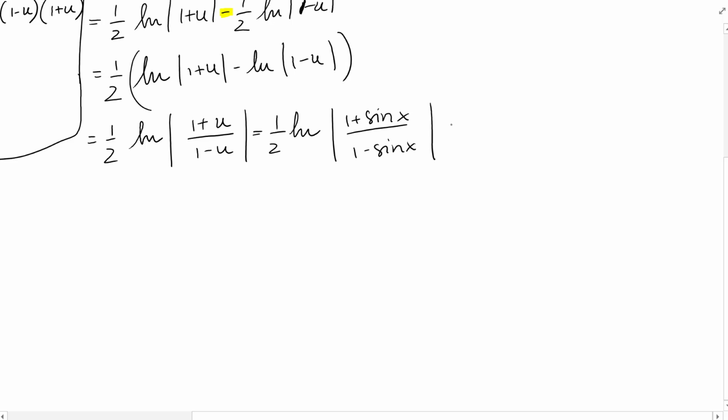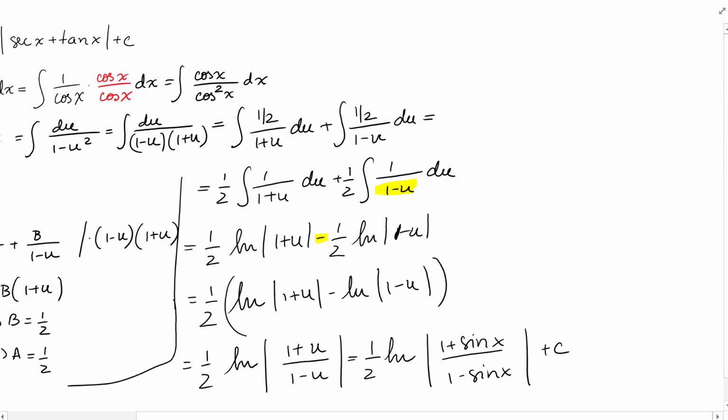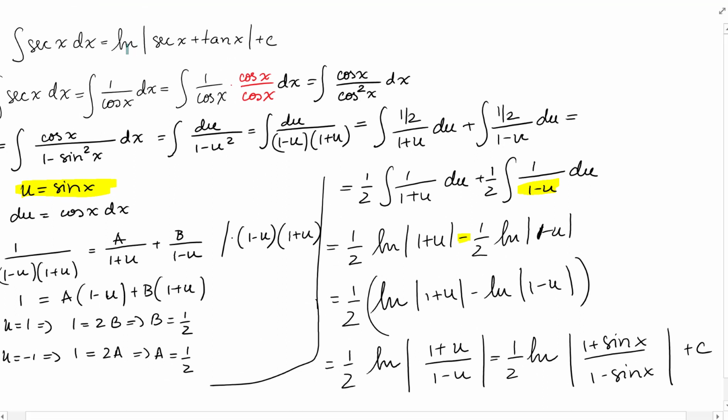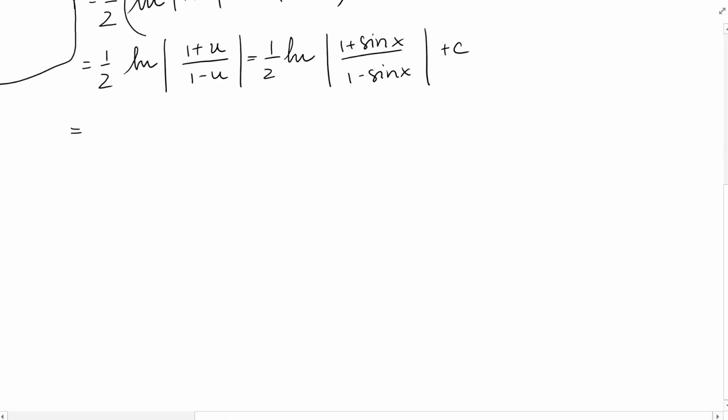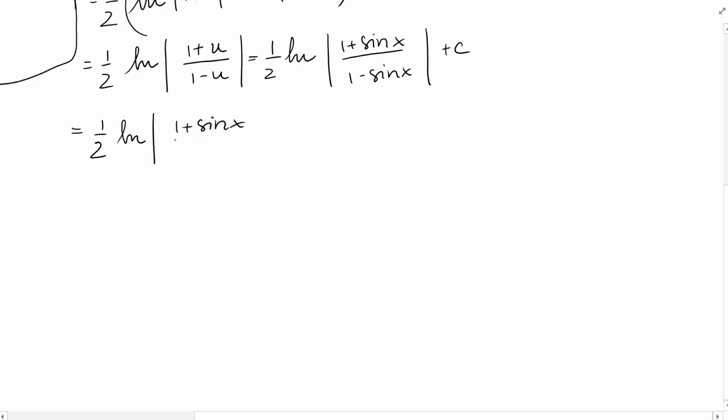But let's not forget, plus c, and let's not forget that our goal is to prove that our final answer is ln of absolute value of secant of x plus tangent of x. So we are going to write 1 half ln of 1 plus sine of x over 1 minus sine of x, and I'm going to multiply the numerator and the denominator by 1 plus sine of x over 1 plus sine of x.